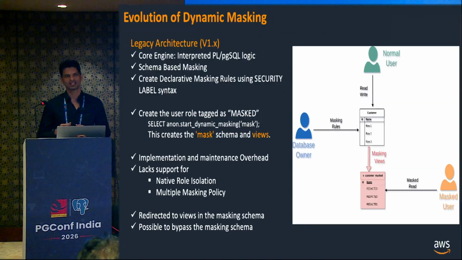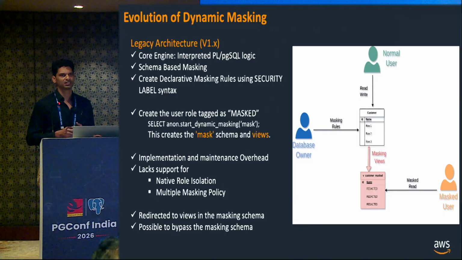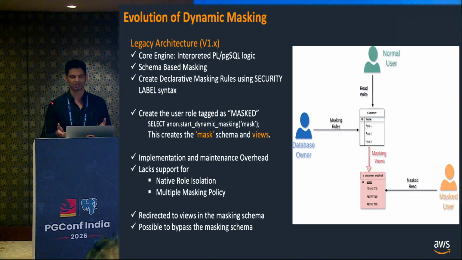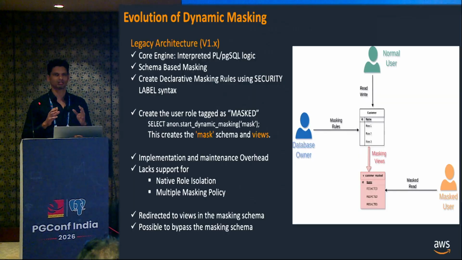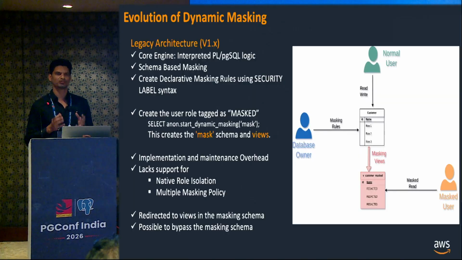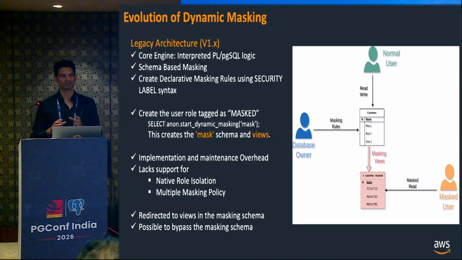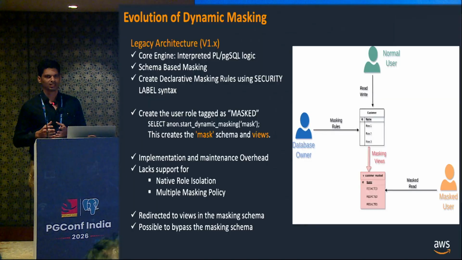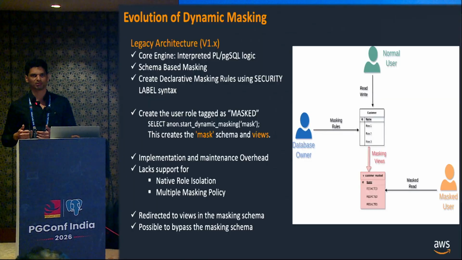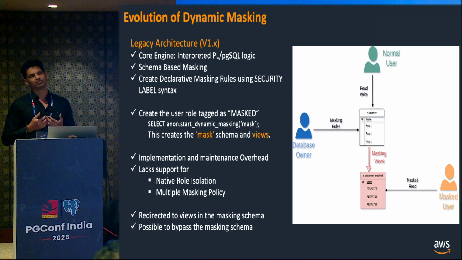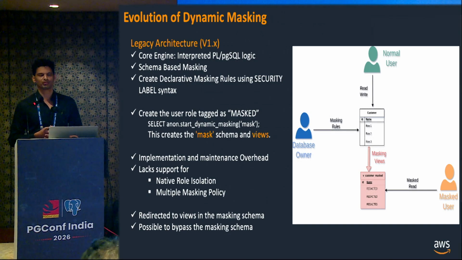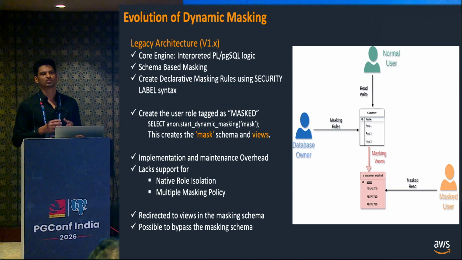Once the policy is attached, you go and execute the command start dynamic masking. What happens in the background is it will create a new schema called mask, and it will create masking views. It is a view on top of your underlying base tables in your user schema. It also changes the search path of your user itself to the mask schema.